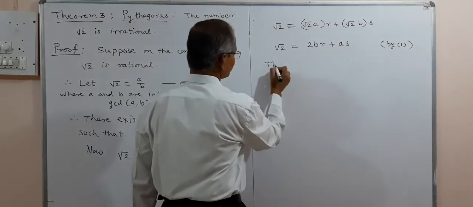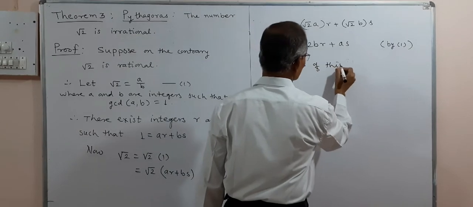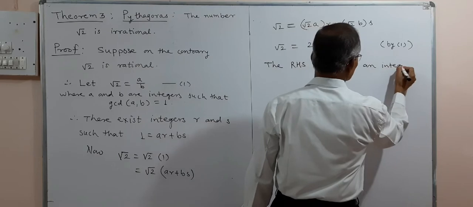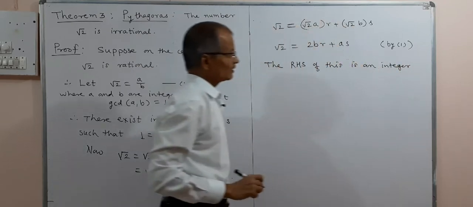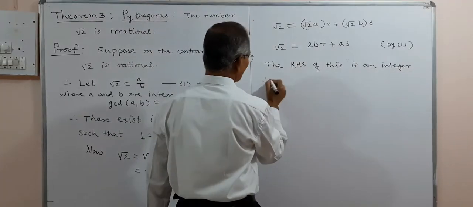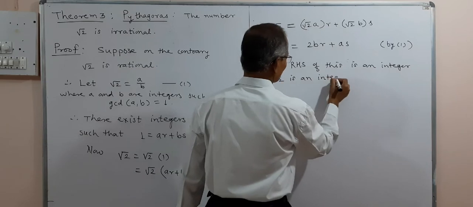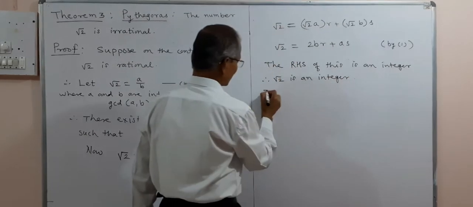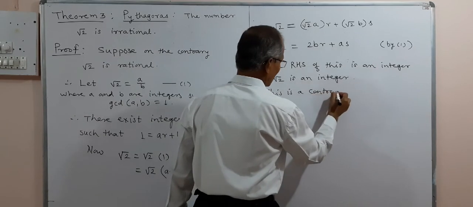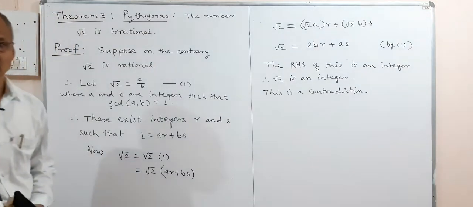The right side, the RHS of this is an integer, and therefore root 2 will be an integer. This is a contradiction, and this contradiction arrived due to our supposition.